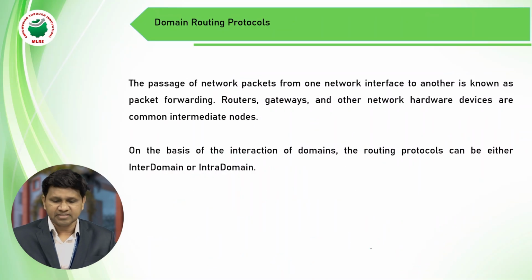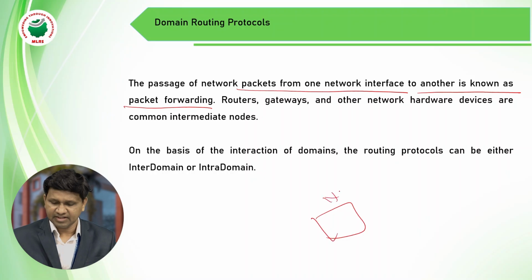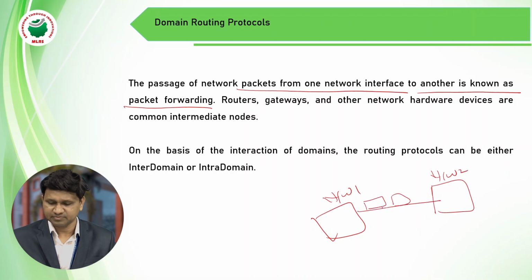The passage of network packets from one network interface to another is known as packet forwarding. For example, I have a network 1 and another network 2. In between these we can exchange data in the form of packets, packet 1 and packet 2. If I want to exchange information from this network to this network, it happens in the form of packets.